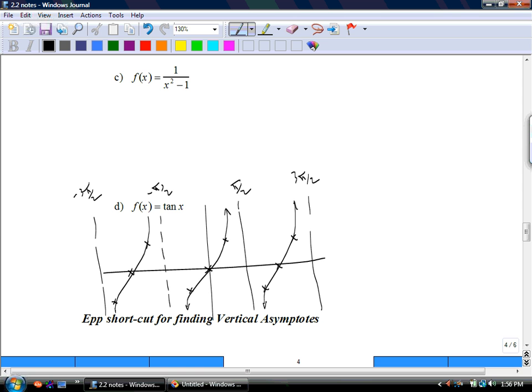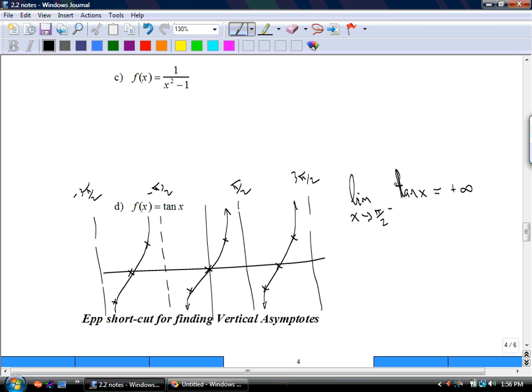So one possible limit statement would be: as x approaches pi over 2 from the left of tan x, you would say it is positive infinity.